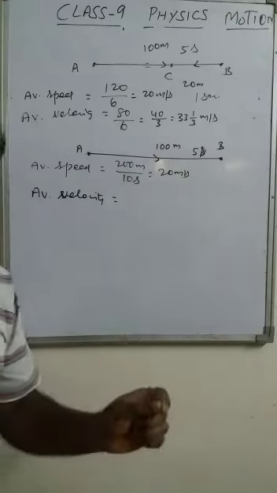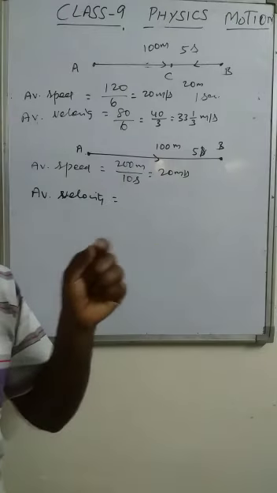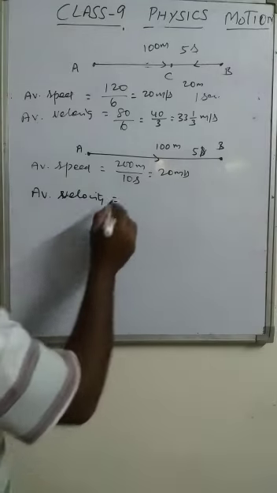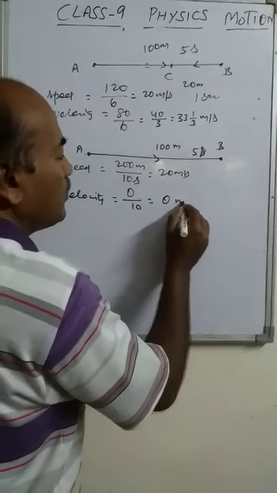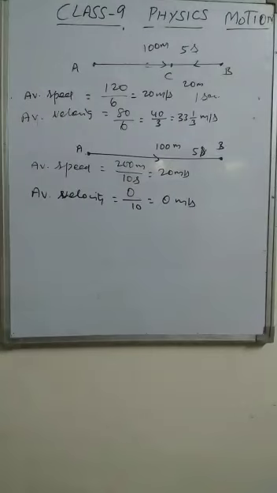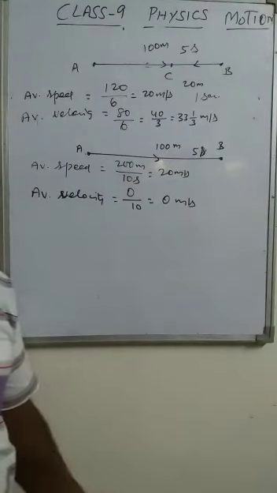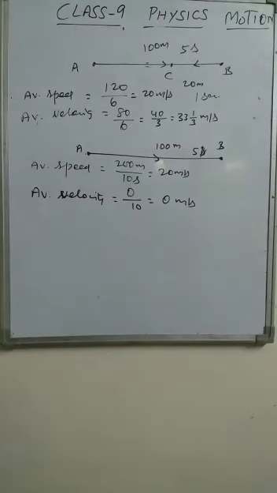As I said earlier, whenever the initial and the final points are same, the displacement is 0. Upon total time, that is 10, that is equal to 0 meter per second. In this case, when an object comes back to the same point, to the origin, the average velocity is 0.